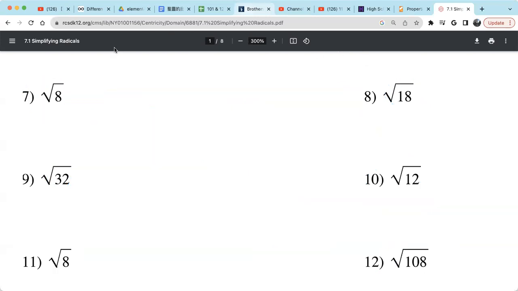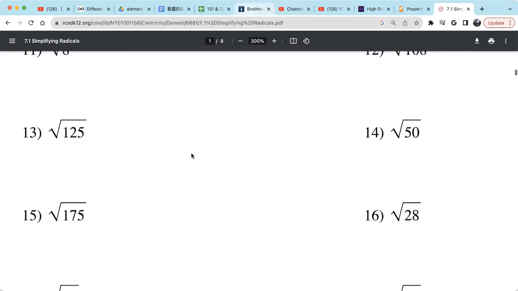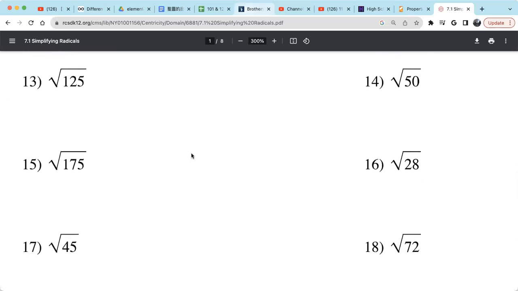Okay, let's move ahead. Let's finish simplifying this couple of radicals, then we'll take a break. So 125 can be written as 25 times 5, which is 5 squared times 5. So when I take the square root of 125, I get square root of 5 squared times 5.